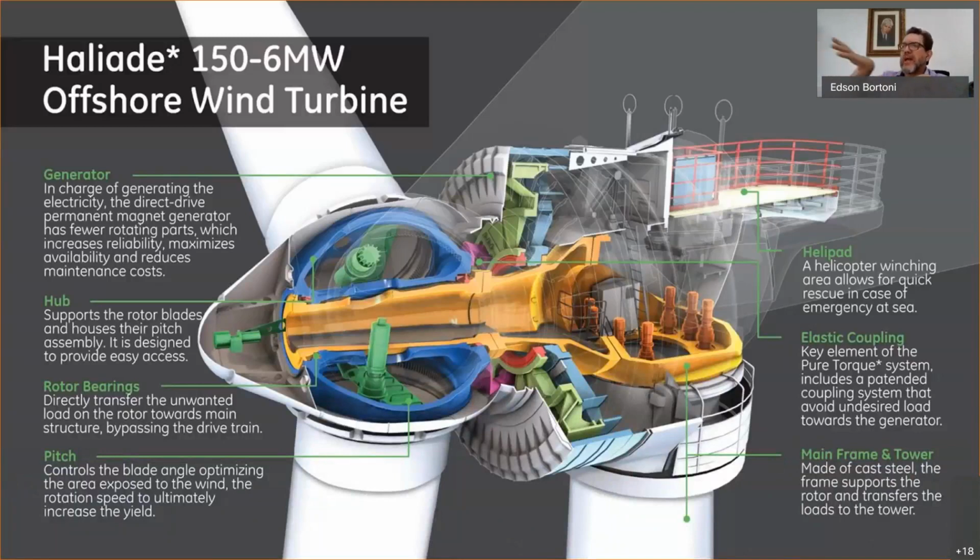When you take it out, you have a low speed and a bigger generator. So there is only one shaft here and a big generator.